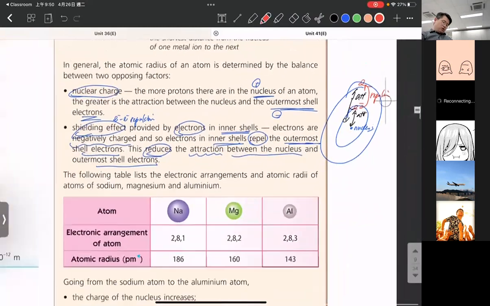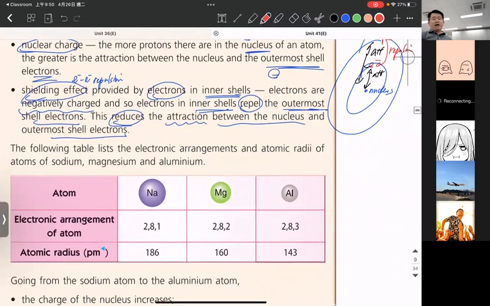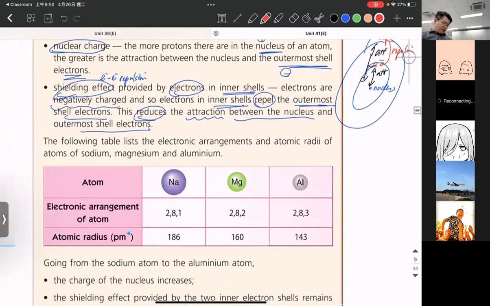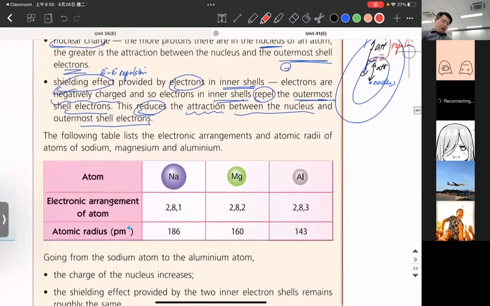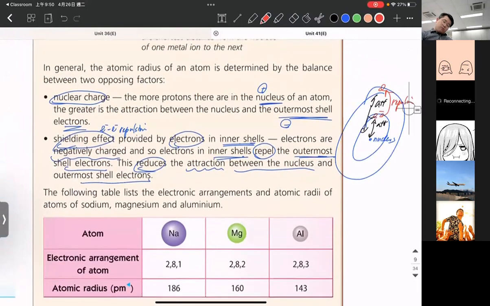But if you want to compare these three elements, we are comparing how large the difference is in the net nuclear attraction. We've got the effective nuclear charge. Can you get my point? In order to explain that, you may refer to the fact that when I go across the period, more electrons are added.